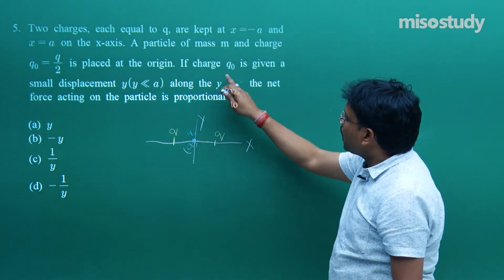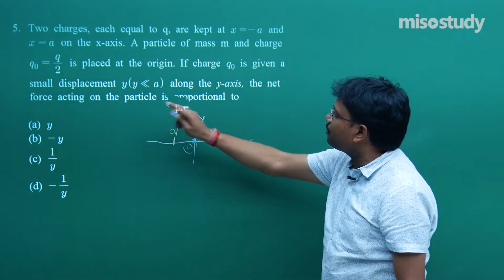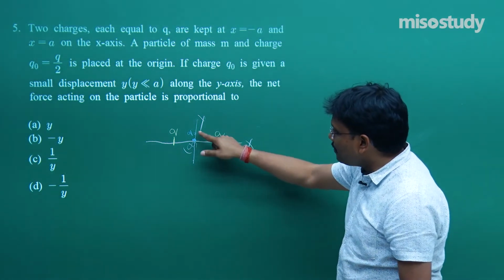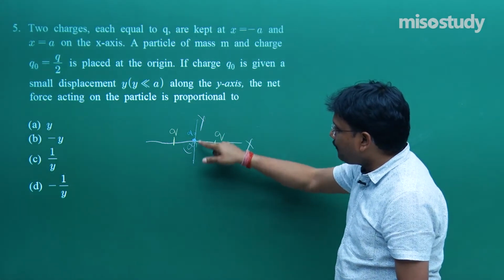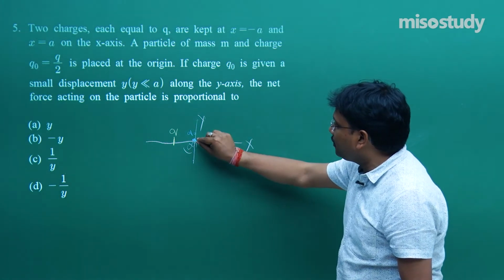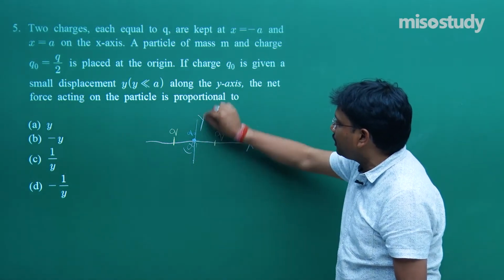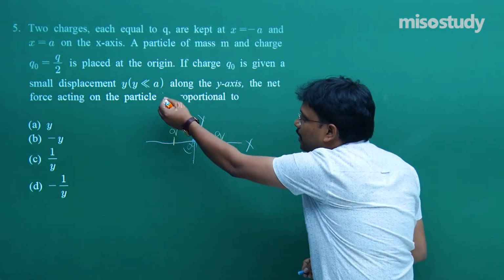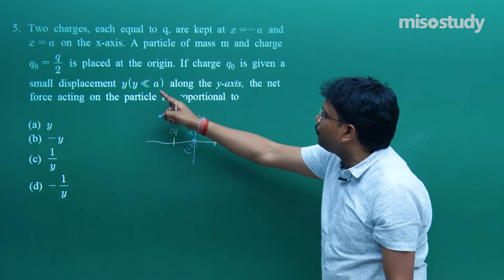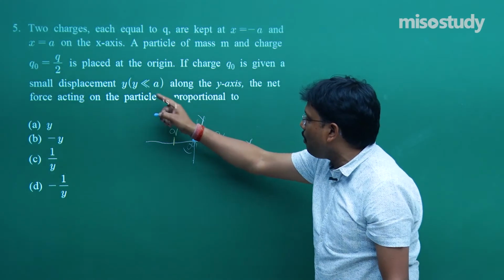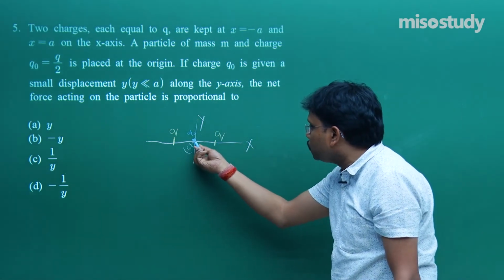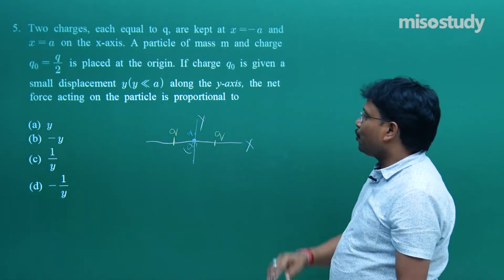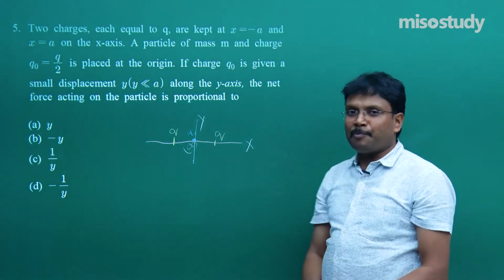If charge Q0 is given a small displacement y, okay, y means now I have the freedom to pick this blue charge and release it like this. But you have to maintain one thing. This displacement of y is very, very small compared to this distance. The net force acting on the particle is proportional to.